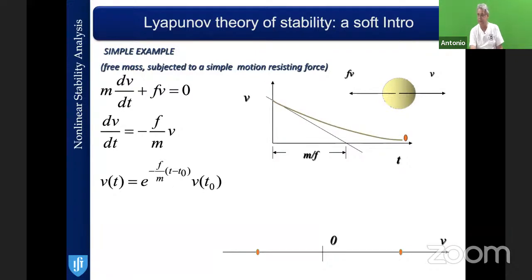So no big deal. Why am I talking about this? Remember what you had to do to convince yourself that the velocity will go to zero, or the speed. You solved the equation. If you have a very complex system, perhaps you'll not be able to solve the equation.